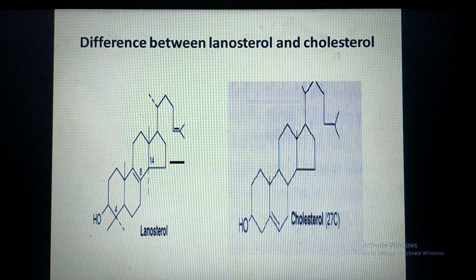If you compare the structure of lanosterol and cholesterol, you find 3 major differences. Lanosterol has 30 carbons, whereas cholesterol has 27 carbons.